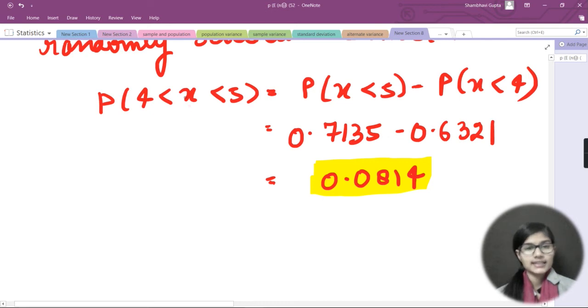So x is greater than 4 and x is less than 5, right? I wrote probability of x less than 5 minus probability of x less than 4. I put the values, and after the subtraction I got the probability that x is greater than 4 and less than 5. The probability is 0.0814, fine.